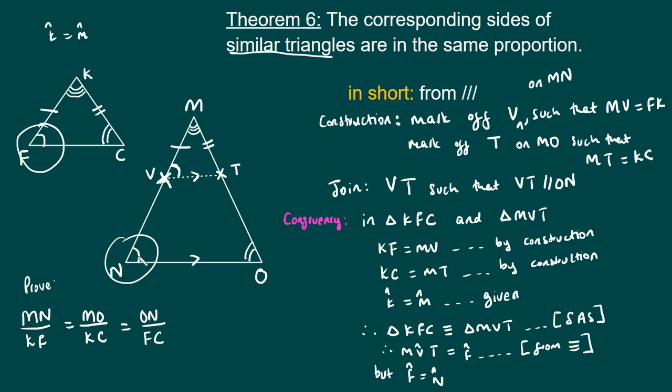And where do we get that? Why do we say angle F is equal to angle N? Can someone remind us? Remember, the triangles are similar. Okay, so you can write that this is because the triangles are similar. And that's if they did not give you though. So you can say, yeah. That's right, yeah.